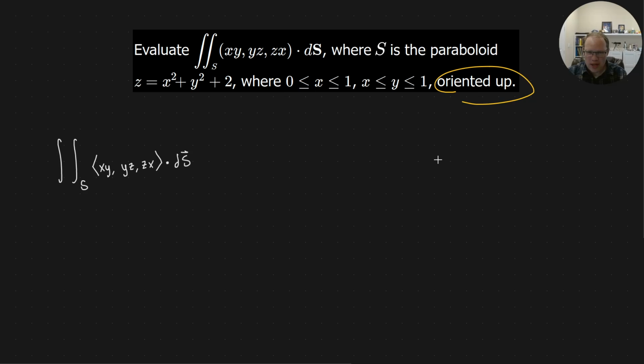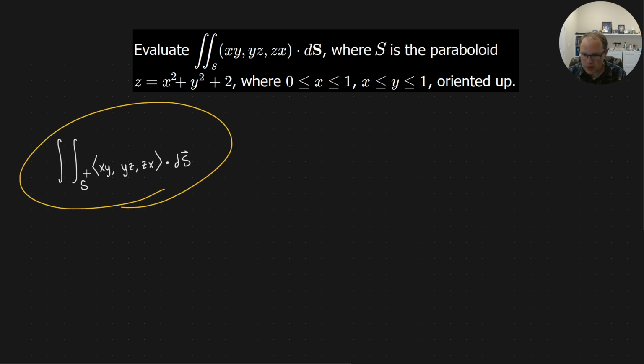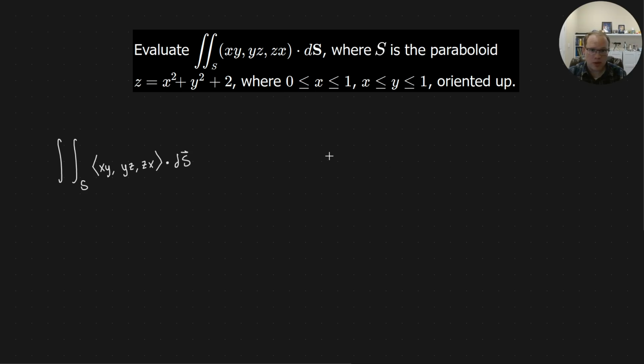And it's oriented up. That's the direction its surface normal should be. So we're going to have to check on that. Now we know that to do this, we're going to need a parameterization for surface S. So let's find a parameterization for our surface.